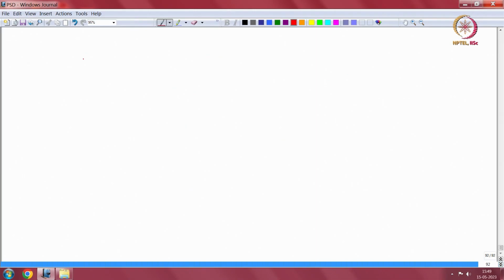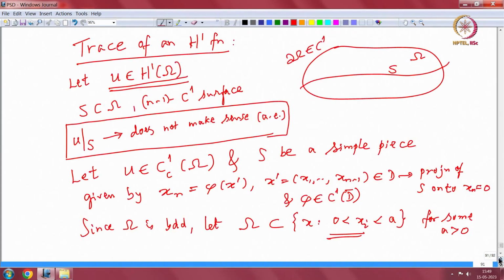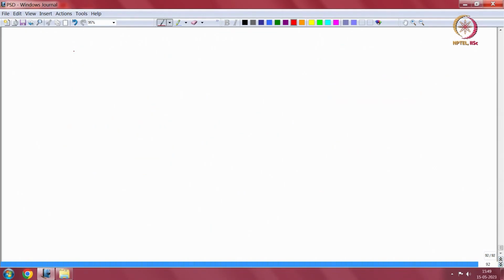Now, what did I use? I have used U. So, U restricted to S means U of x prime, phi of x prime, because the last coordinate is given by phi of x prime, and by using one dimensional calculus we write it as the integral from 0 to phi of x prime of del u by del x n of x prime, x n d x n.